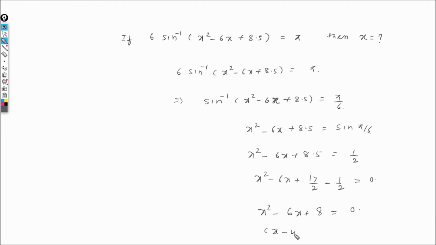It is x minus 4, factors of this quadratic equation, 4 times 2 is 8. So it is x minus 4 into x minus 2 is equal to 0. This implies x is equal to 4 or x is equal to 2.